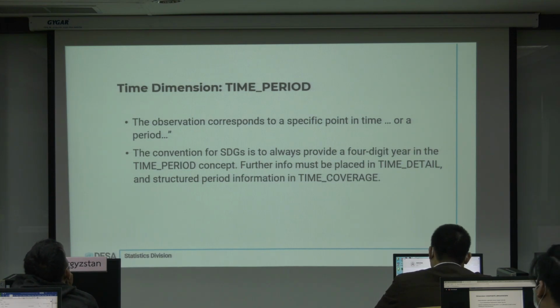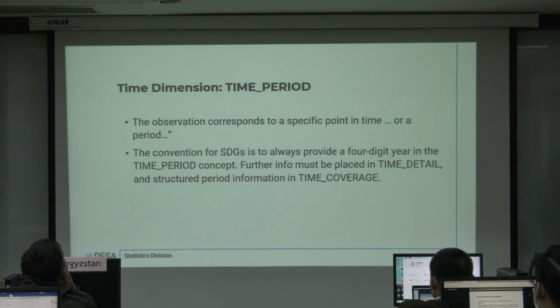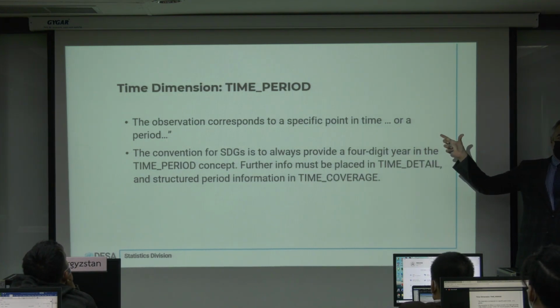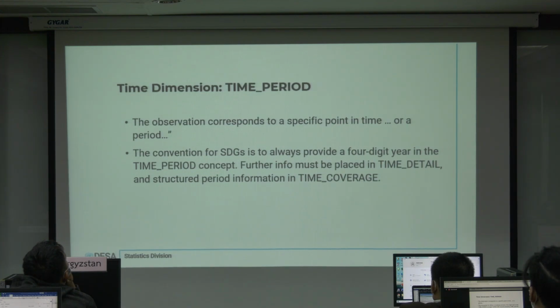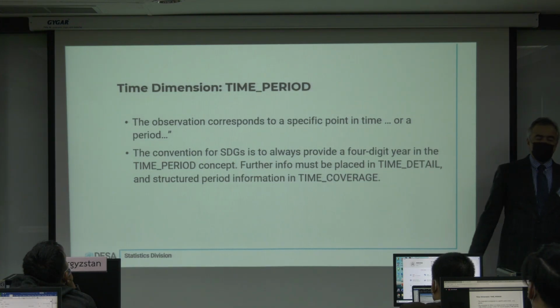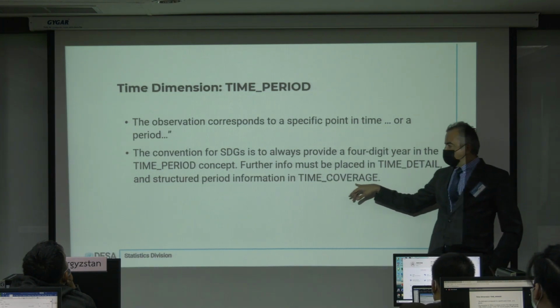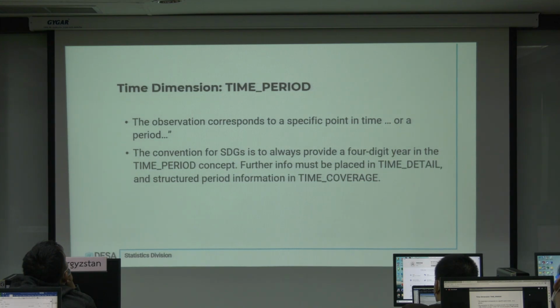Time period. By convention, the frequency is always annual, and time period is always a calendar year. 2022, 2023. If you have any additional information about time, you put that into the time detail attribute. You can also do a fully structured time period information into the time coverage attribute.